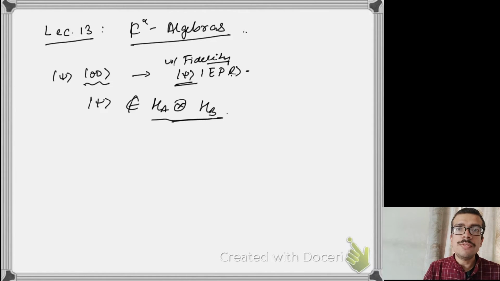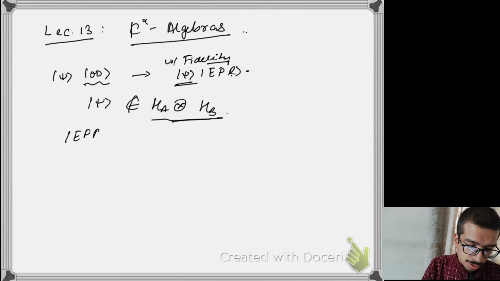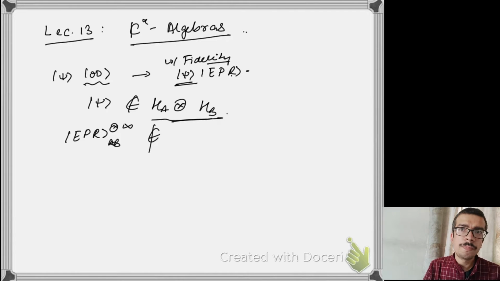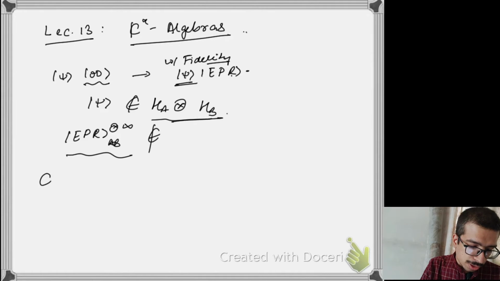The kinds of state which do work for us are of the form EPR tensored with itself infinite number of times. And such a state actually does not belong to HA tensor HP. In order to formally understand these sort of states, we need the idea of something called a C-star algebra.